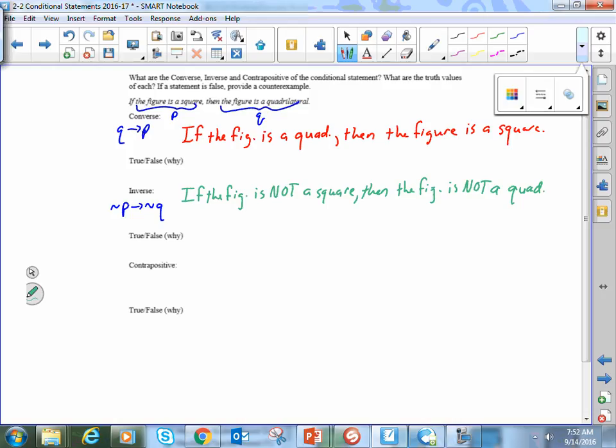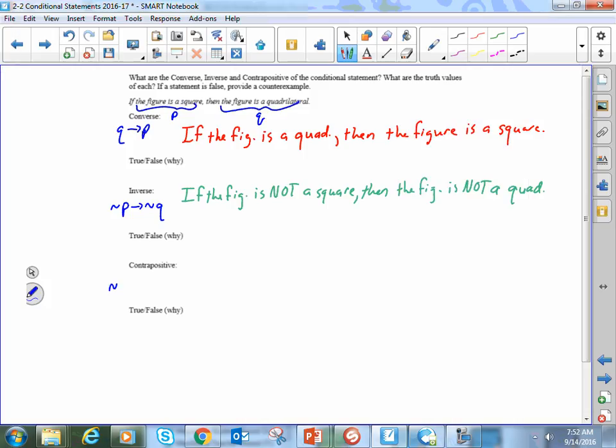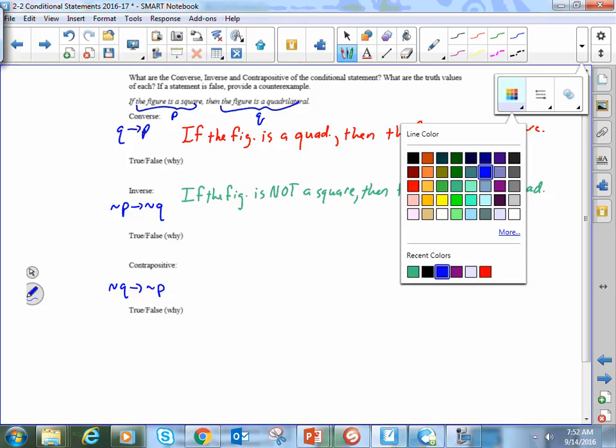And the last one here, the contrapositive, is going to do both at the same time. It's going to reverse the order and it's going to negate things. So I'm going to say if not Q, then not P. Now let's write this one, and I think we could do that one in purple.